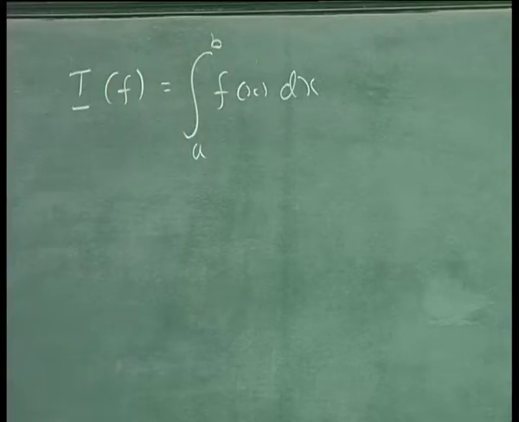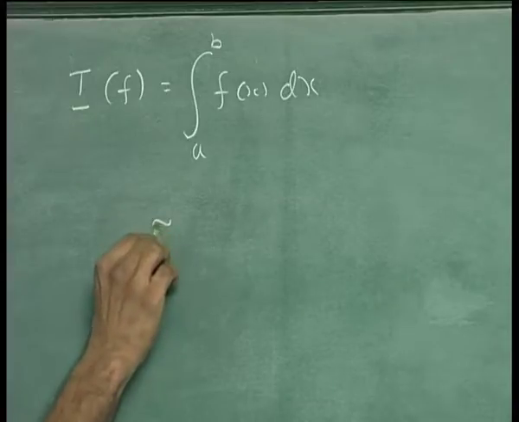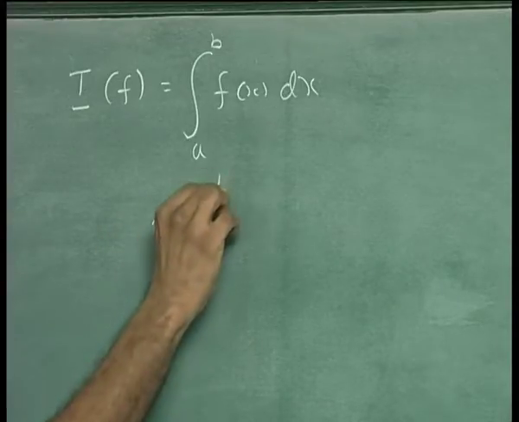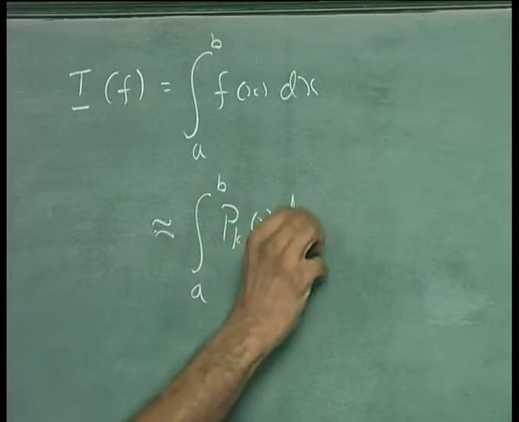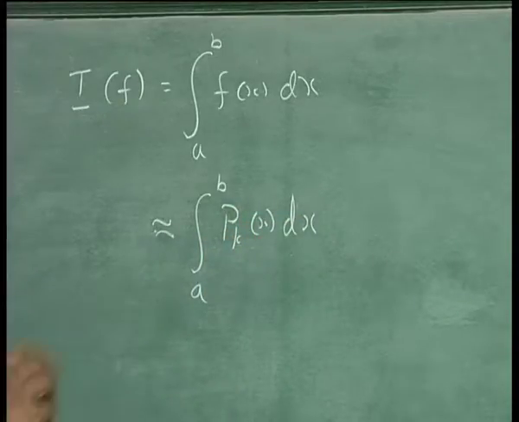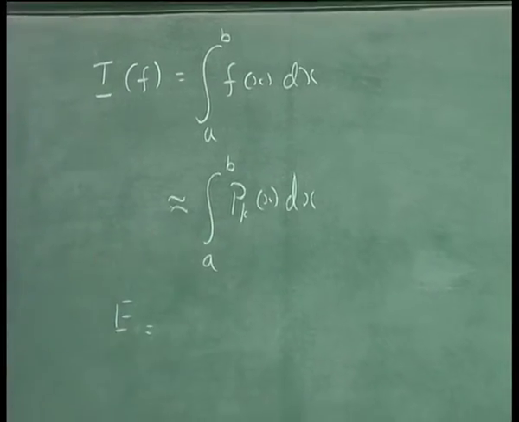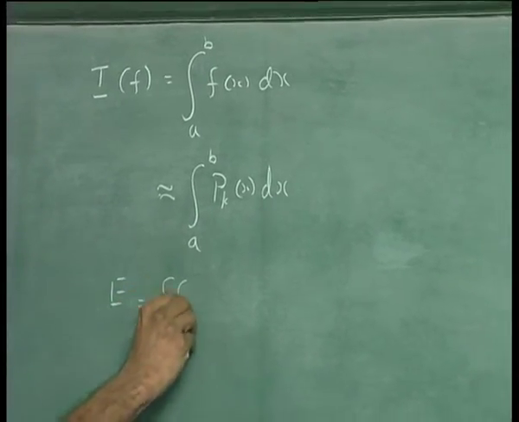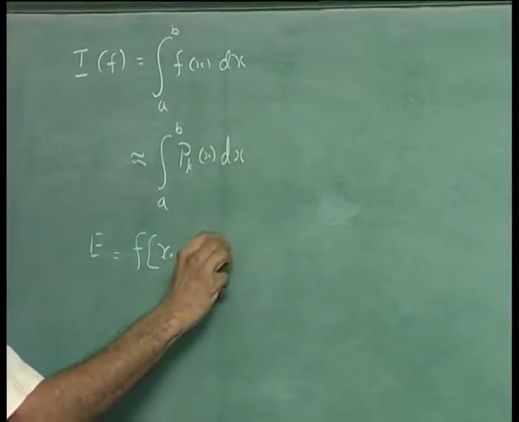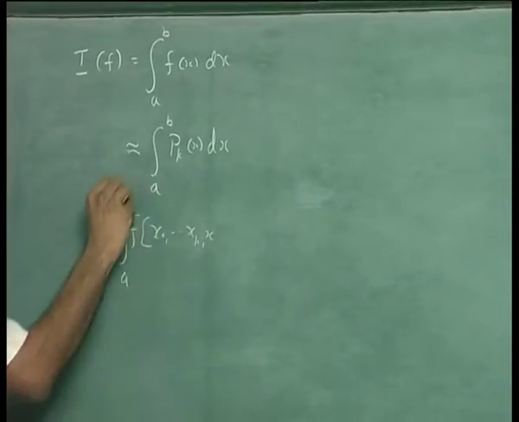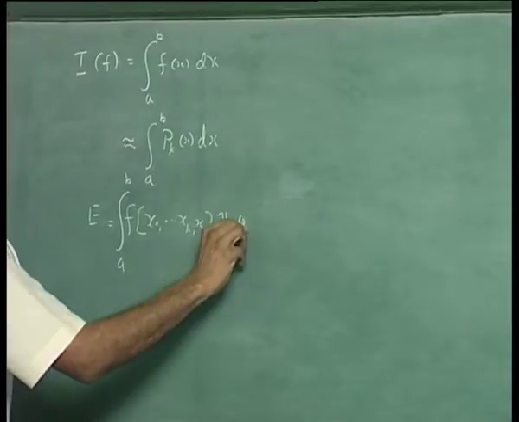We wrote this as an approximation by saying that this can be approximated to the integral a to b of p k of x dx. And we said that the error in such integration is given by the next term in the polynomial, which is f of x 0 to x k, x, integral a to b of this into psi k of x dx.